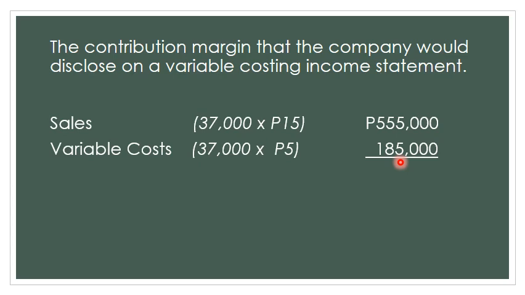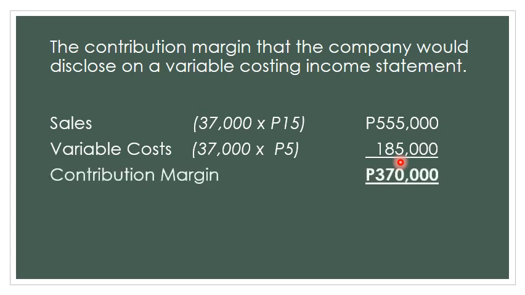So, after we deduct the total variable cost to the total sales or revenue, we come up with 370,000 total contribution margin.